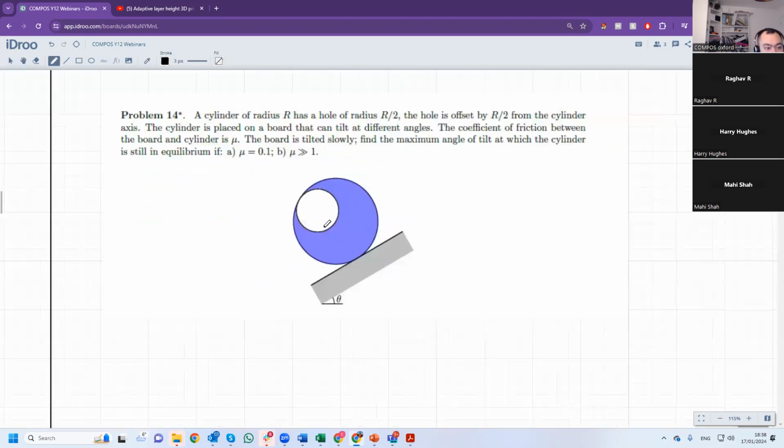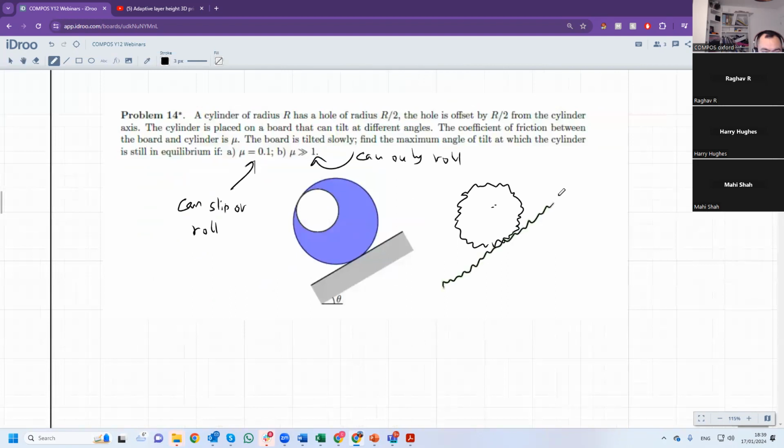If mu is small, that means it can slip or roll. And this one means it can only roll. Imagine it's like a gear on a gear. So it can't slip, it can just roll. If you hold it upside down, it will fall. Does that answer your question, Resham?